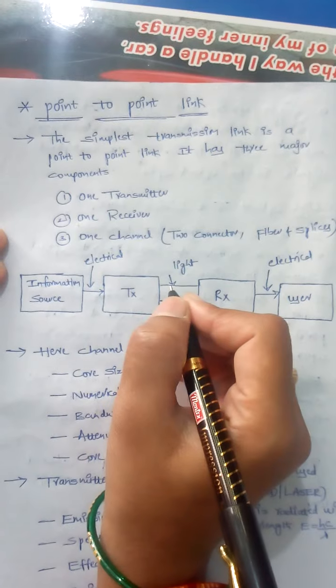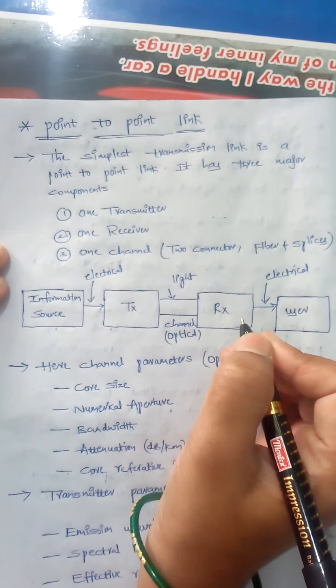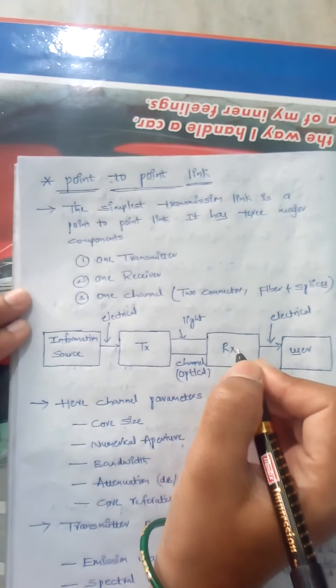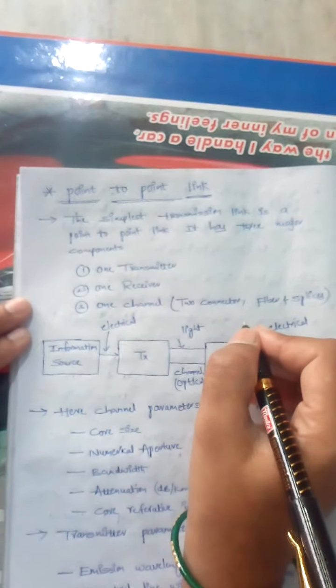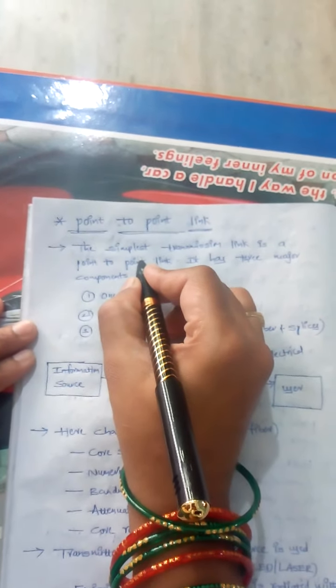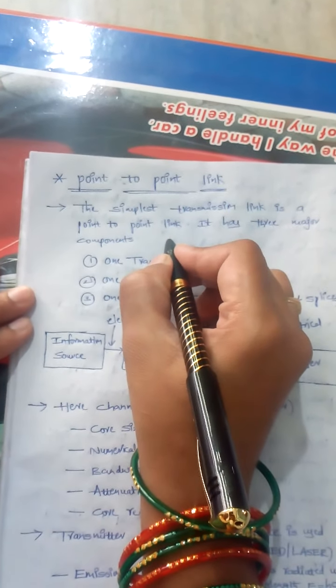Point to point link between transmitter and receiver, we can give the channel, that is optical fiber channel. The point to point transmission link is the simplest technique.